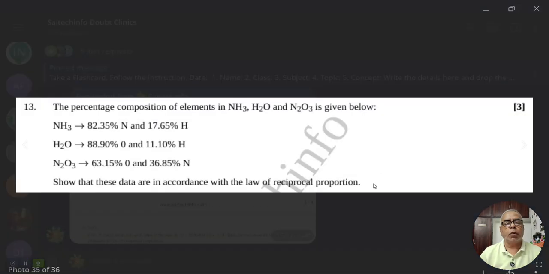Let us consider this problem. So here the percentage composition of elements in ammonia, H2O and N2O3 is given. In the case of ammonia, it is 82.35 percentage of nitrogen and hydrogen is 17.65 percentage.